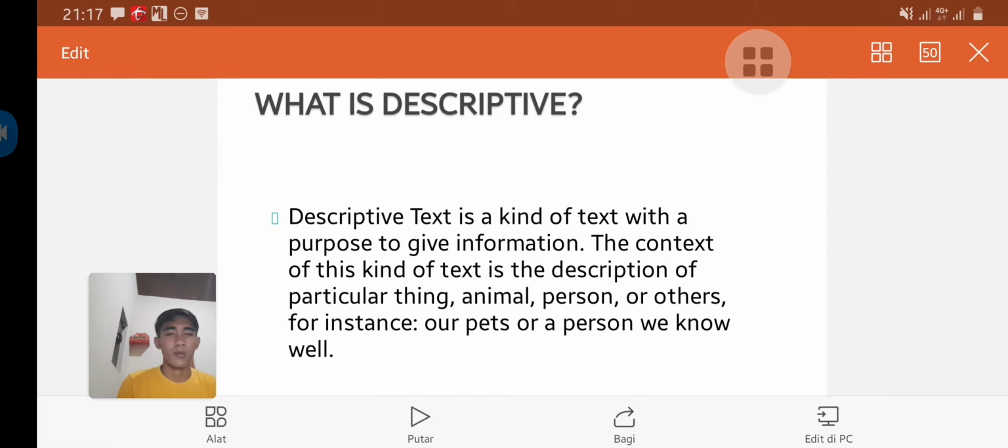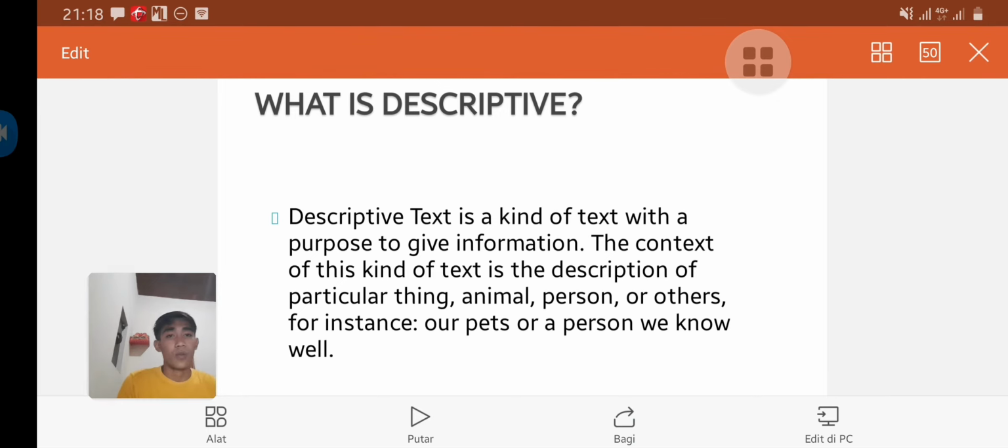For example, what I said before, focus on Jokowi, or focus on one animal. For example, my dog, whose name is Ludi. So the context of this kind of text is the description of a particular thing, like I said before: animals, things, a person, or others.